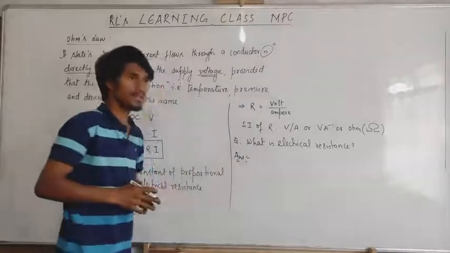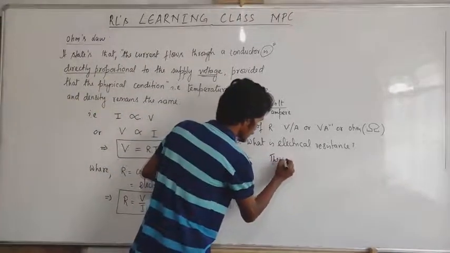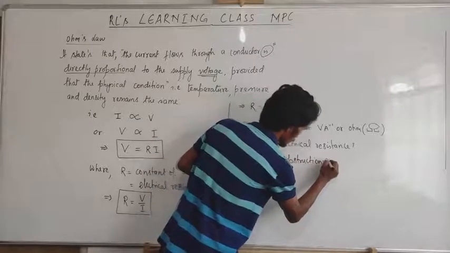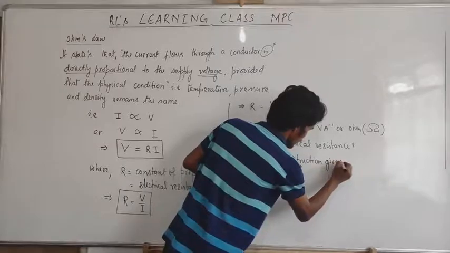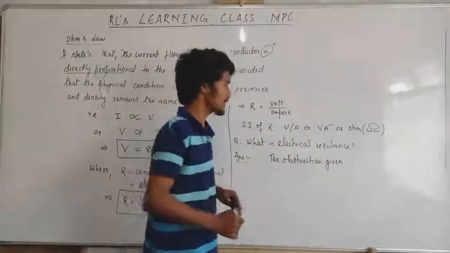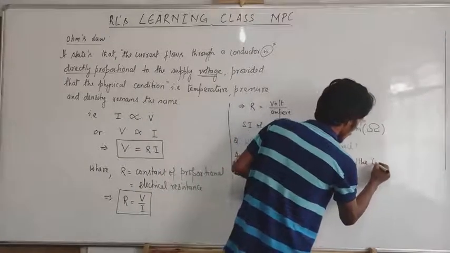Okay, what is the answer for this? What is electrical resistance? Obstruction means opposing or against.